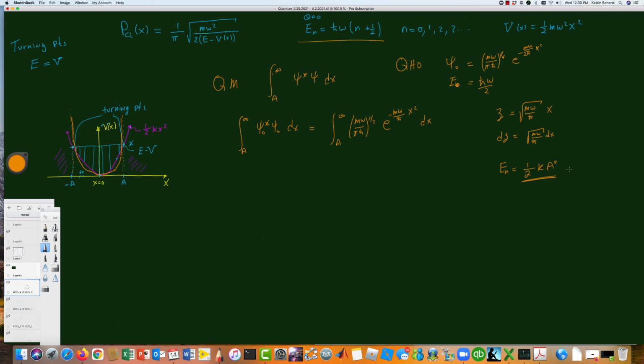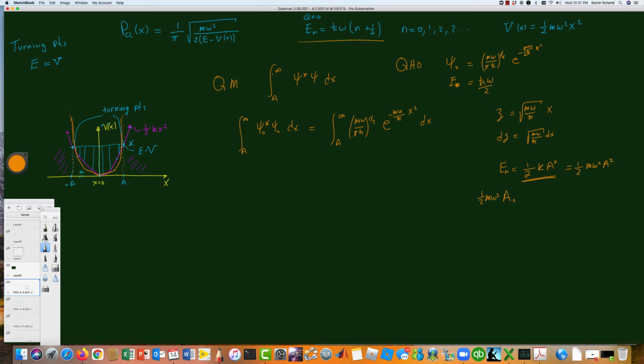And remember, K is m omega squared, so this is going to be 1/2 m omega squared A squared. For E0, we can call this A0, so we have 1/2 m omega squared A0 squared. This is going to be the turning point for the 0th energy.